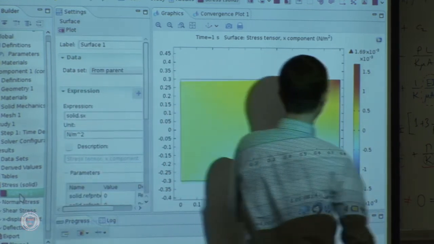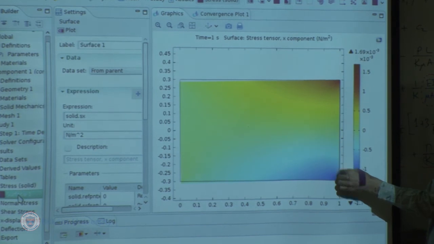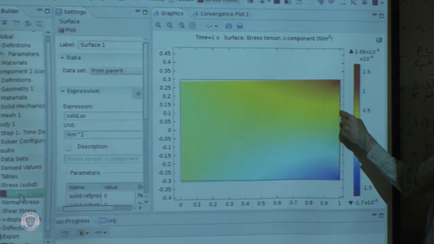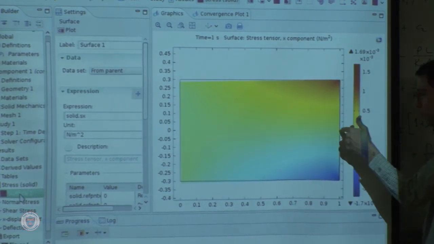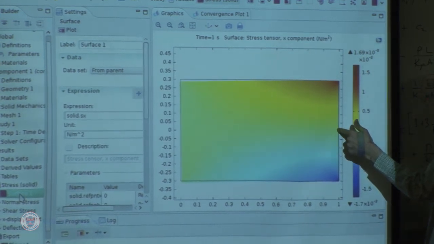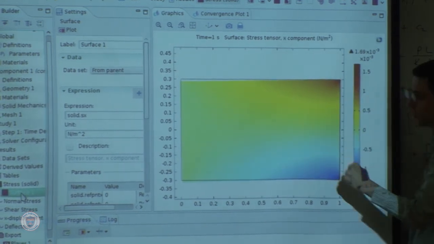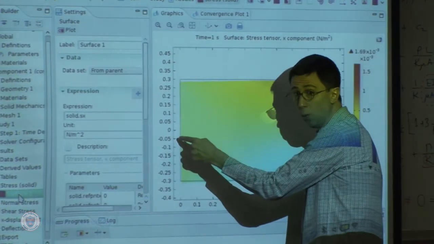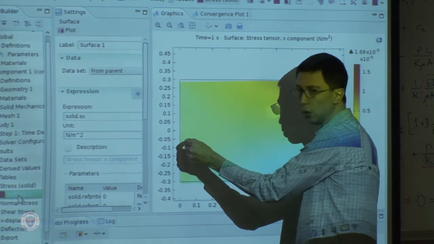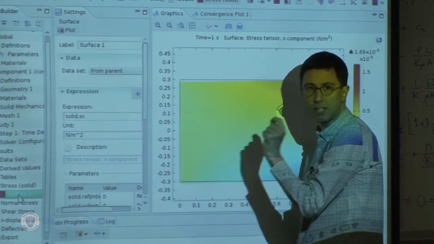Why? Because x equals 0.9 is where, in the analytical solution, I was not able to enforce displacement to 0 at every point. I had to pick one point, and I picked, to relax, that was one choice, x2 equals 0. So therefore, I expect some end effects here. And here, this is also an end effect. Why? Because in the analytical solution, I only represented the stresses in a statically equivalent manner.